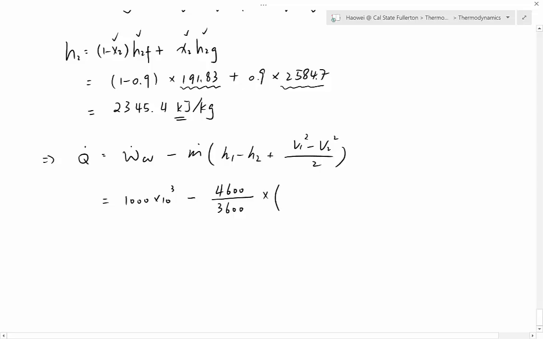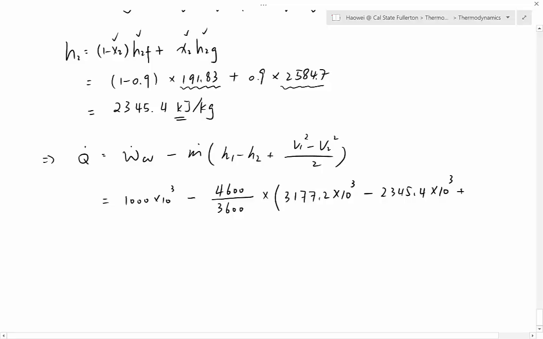And then H1 is 3,177.2 kilojoule per kilogram. So multiply by 1,000 to convert kilojoule to joule. Minus H2. I just found H2. 2345.4 times 10 to the third because we want to convert kilojoule to joule. We need to have SI unit.